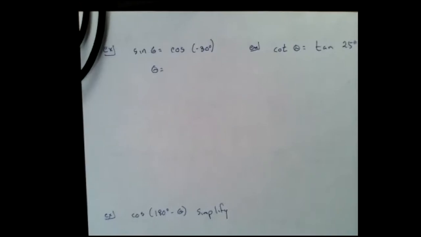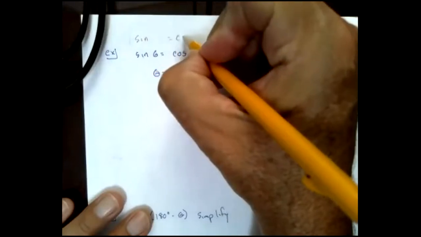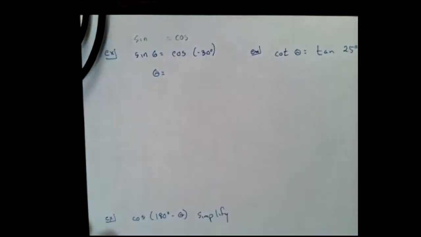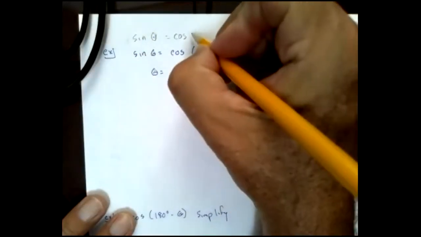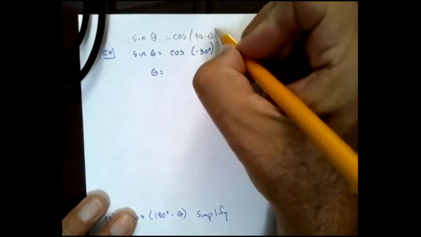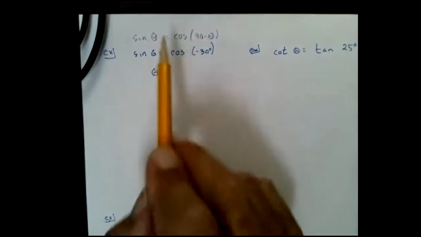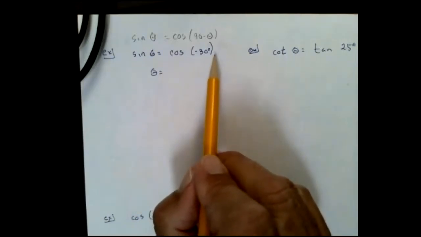Yeah, you do. We just did. These guys are cofunctions. Sine of theta, cosine of 90 minus theta. What's theta?